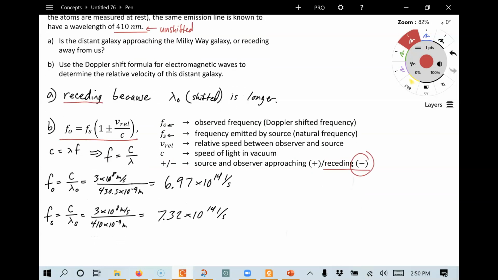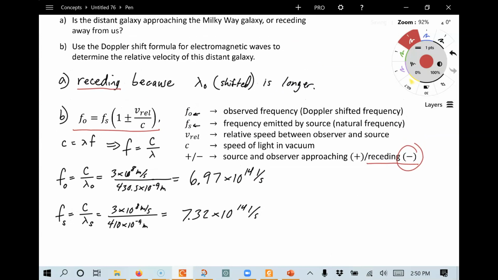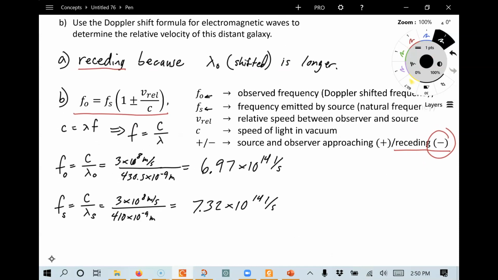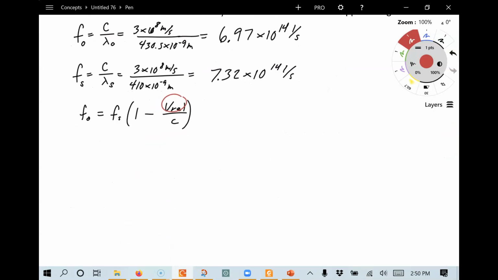So the equation that we want to use for part B is going to be this: F0 equals Fs times 1 minus V relative divided by C. And we are trying to figure out the relative velocity of the distant galaxy, so we need to just do some algebra to solve for V relative here. So let's go ahead and do that.